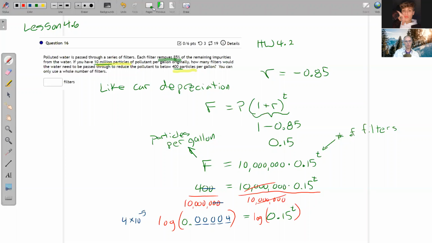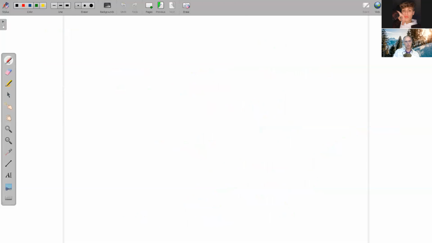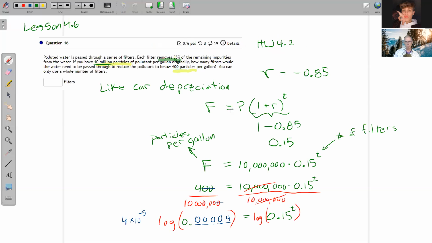Cleaning that up a little bit, we're stuck with the log of 0.00004. Make sure you have the right number of zeros there, or use the fraction. On the other side, the power comes down, and so that's my t, and we still have the log of 0.15. The point of using the logarithm is that it pulls the power out as a multiple.